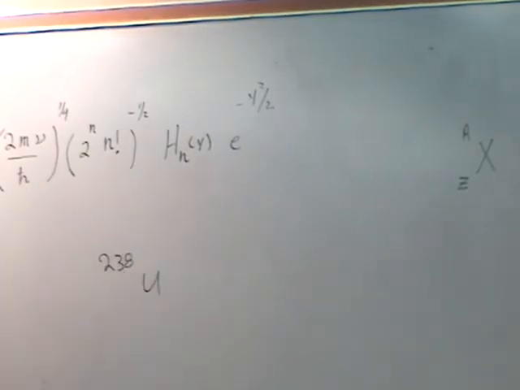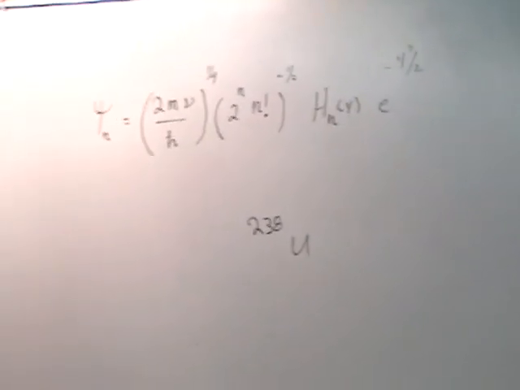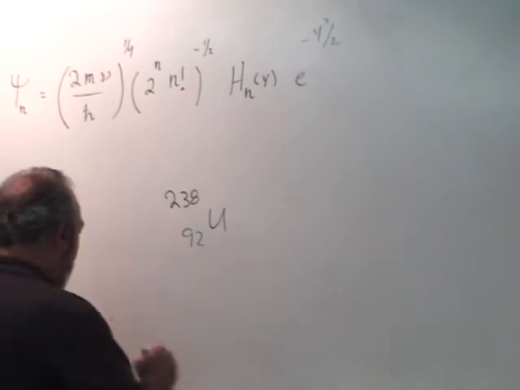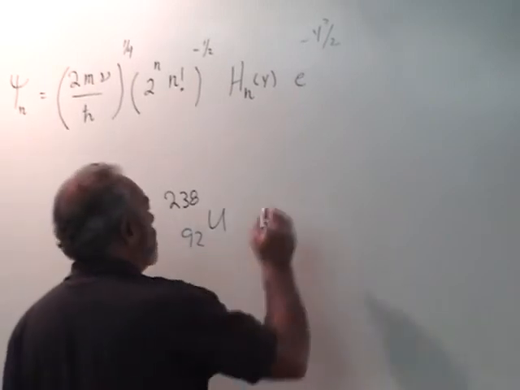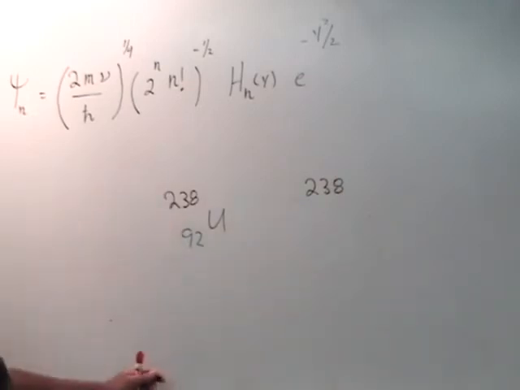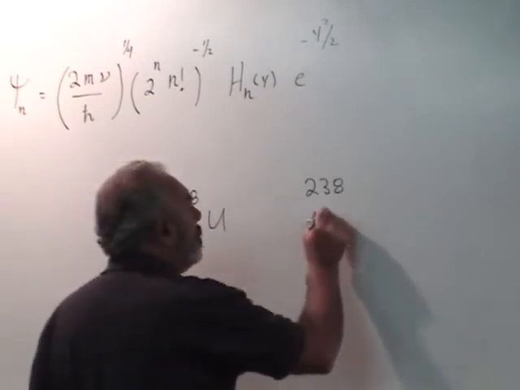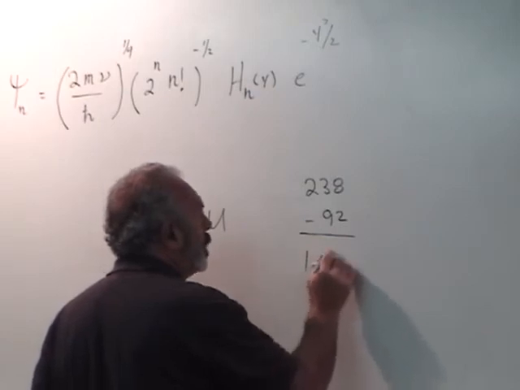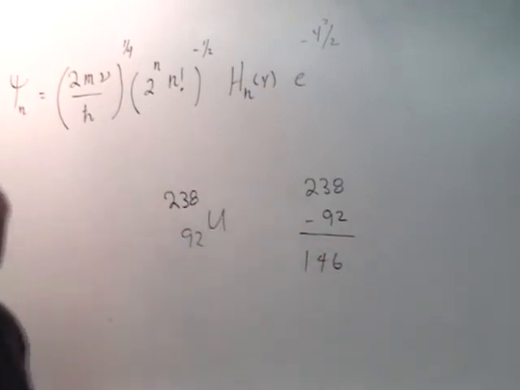Most of the time I write the subscript in a different color because we don't normally write it. So it's 92. So now you know what we have is 238 nucleons, a word that means protons and neutrons. 238 nucleons minus 92 of them that are protons, so what do you get? 146 neutrons.